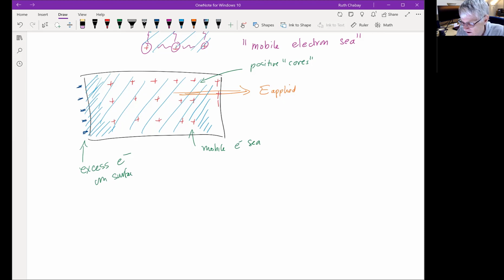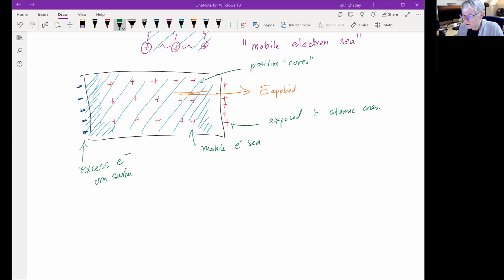They're kind of sticking out of the surface at this point because the electrons have moved. So we're going to draw the positive atomic cores, and I better draw the same number of excess ones as over there. So, excess electrons on surface, exposed positive atomic cores. So these can actually move.